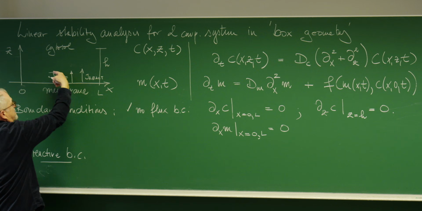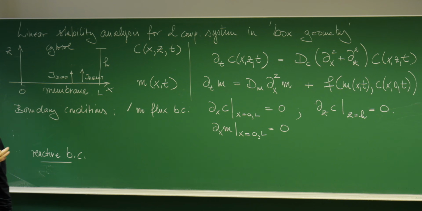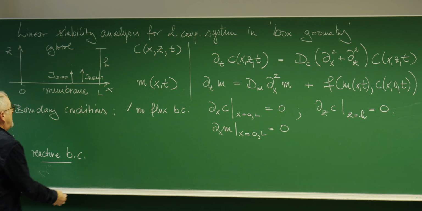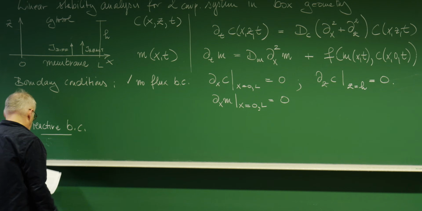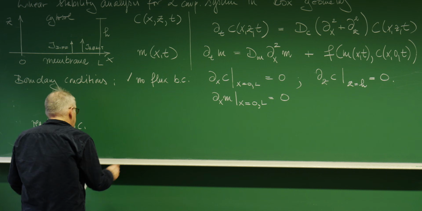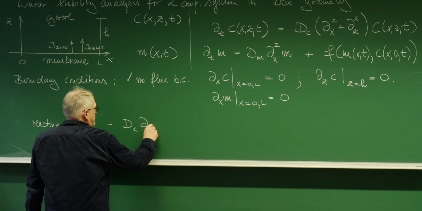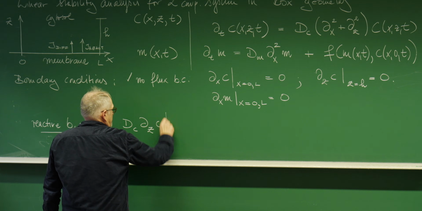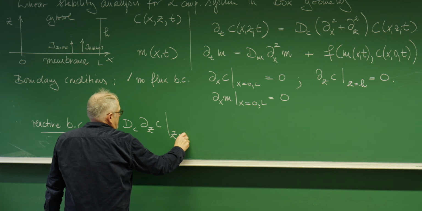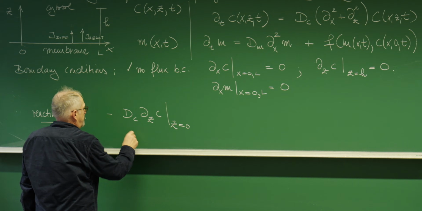Right? The reactive flux feeds the diffusive flux, and they have to be the same, otherwise I would gain or lose particles. So the way I write this is that a flux by diffusion into the cytosol right at the membrane, that's our diffusive flux.